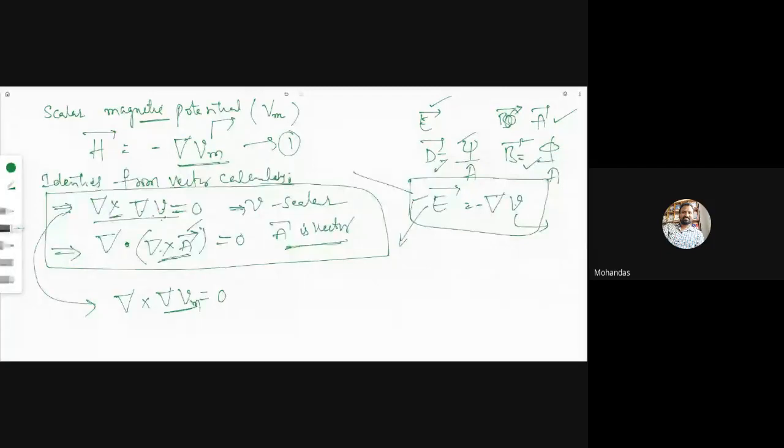In place of del Vm from equation 1, can I write minus H? From this equation, del Vm equal to minus H, or not?